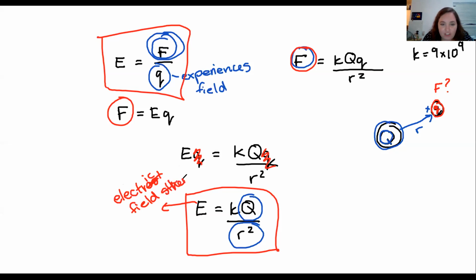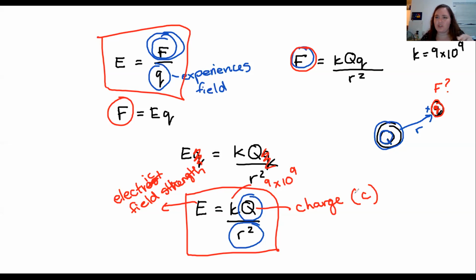That's very bad, that's the word strength. This is our Coulomb's constant, which is 9 times 10 to the 9. Q is the charge, which must be in coulombs. If you remember right at the beginning of the last lesson, I expressed to you that you could get millicoulombs, microcoulombs, nanocoulombs, or picocoulombs. If you've been given any of those, you'd need to convert it first.